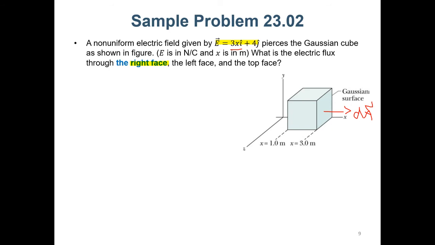So you can calculate the inner product A dot B like this. You calculate the multiplication of 3i plus 4j dot 5j plus 6k.